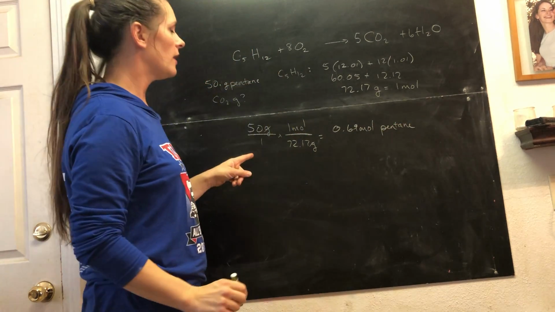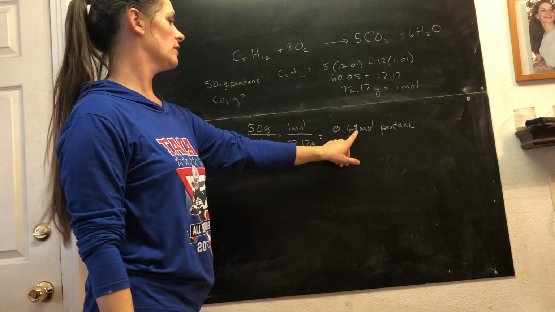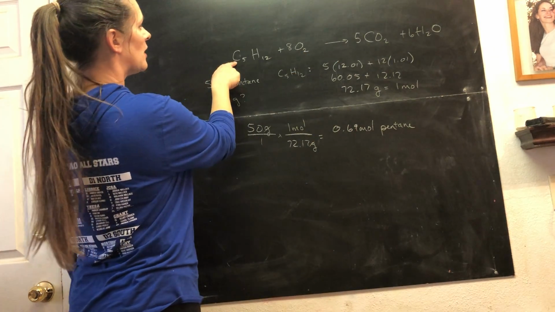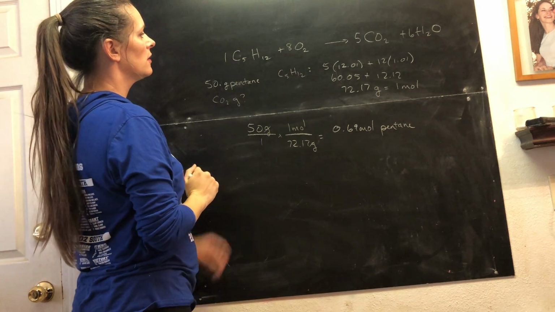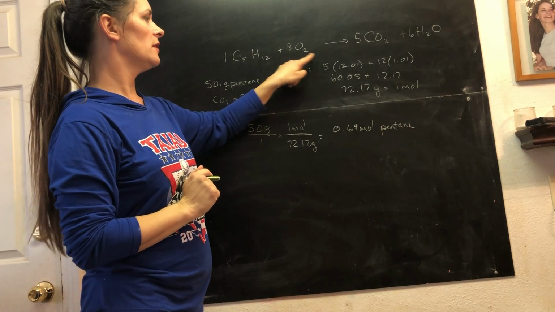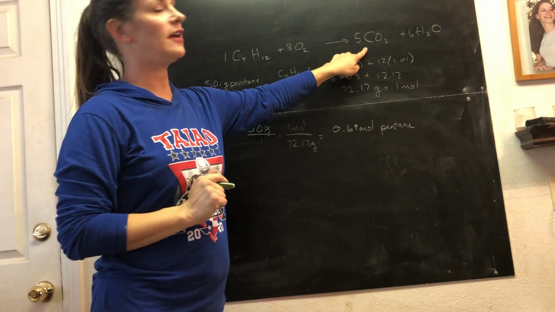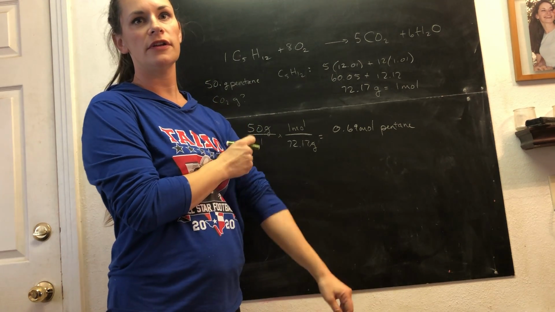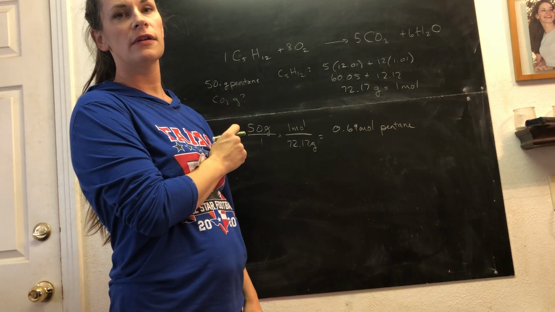Okay, now I know how many moles of pentane I have. Now what does this equation tell me? It tells me that 1 mole of pentane reacts with 8 moles of oxygen in order to get 5 moles of carbon dioxide plus 6 moles of water. Can you see it okay on there? Yeah.